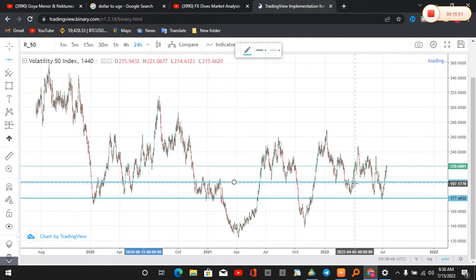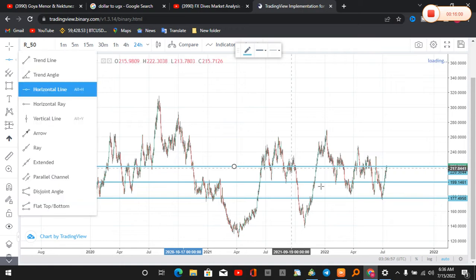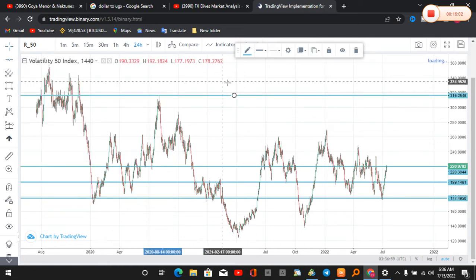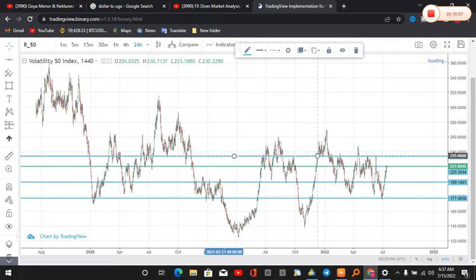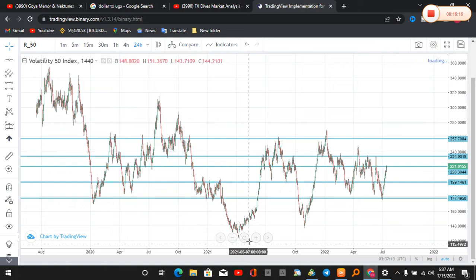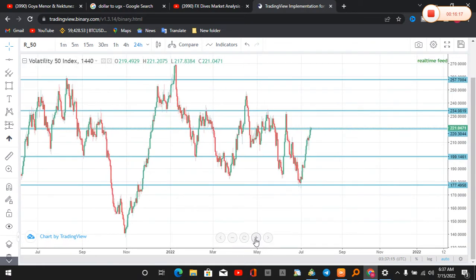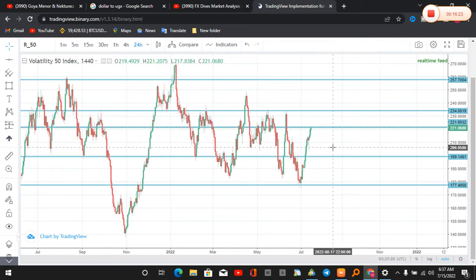You see, I'm trying to identify where the market has been respecting so many times. We also have this level here. I think you can see it, guys. We also have this resistance level here. So all these levels are being respected. I think you can clearly see.